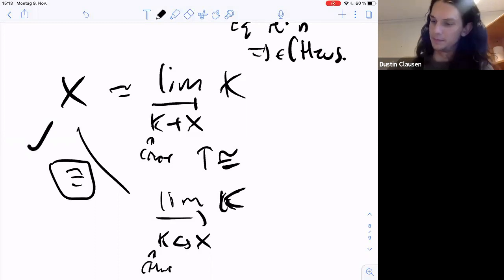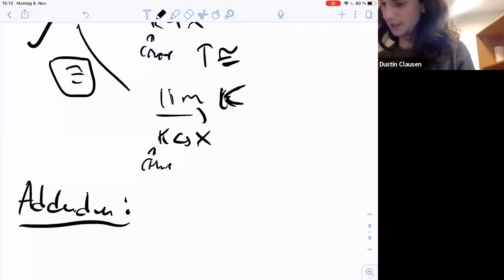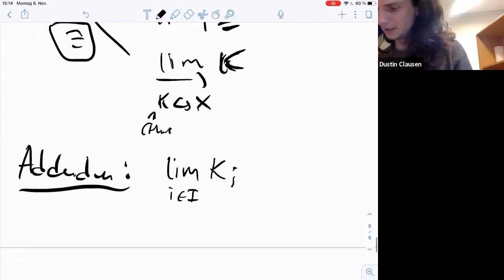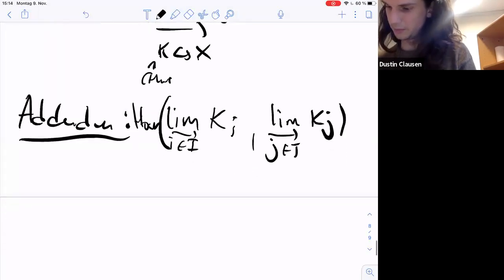Right. And let me make an addendum to this. If we have a filtered colimit of compact Hausdorff spaces along injective maps, and we take their Hom in condensed sets, this is calculated purely formally.